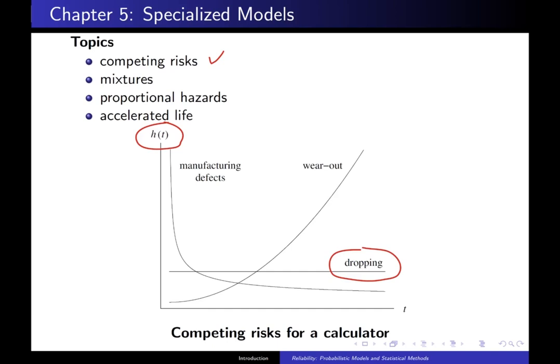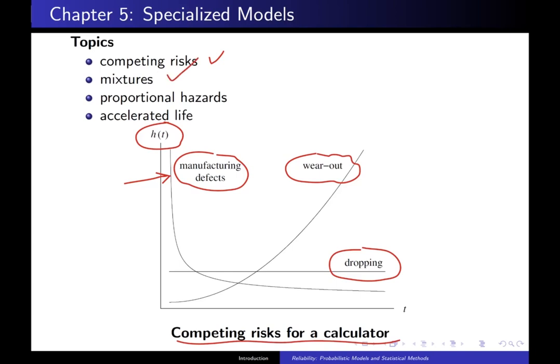The risk of that is constant over time. Then the second piece is manufacturing defects, and manufacturing defects tend to show up early, so the risk is high at the beginning, and then that risk goes down over time. Finally, the mechanical parts of a calculator, which are the buttons that you press, are subject to wear-out failures, and those go up with time. So this is a competing risks model for a calculator.